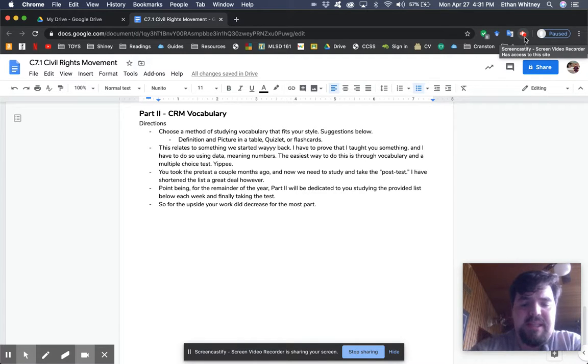Part two, and the list isn't there yet. Of course, when you get it, you'll see the list. But the list I'm talking about is the vocabulary terms. This goes back to something I have to do for my job as a teacher. I have to prove that I actually taught you something as part of the evaluation process for me as a teacher. And the easiest way to prove it is with numbers. And actually, that's the only way they let you do it. You have to have data.